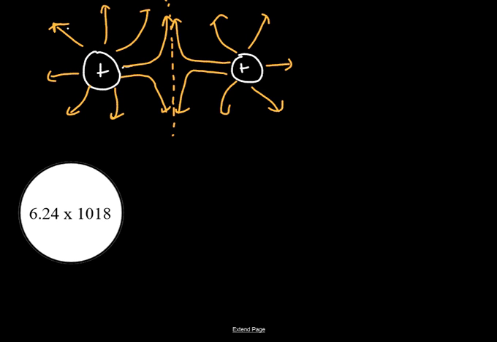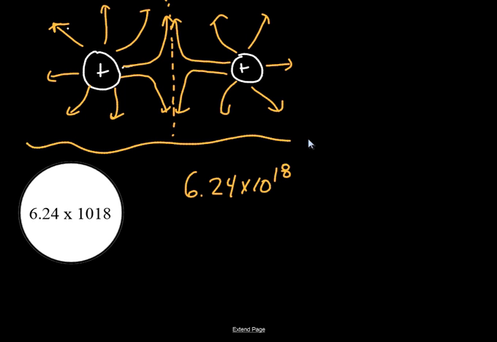All right, so now we're going to talk about how we deal with measuring these types of fields. The first value we're going to talk about is this, 6.24 times 10 to the power of 18. Does anybody know what that number represents?